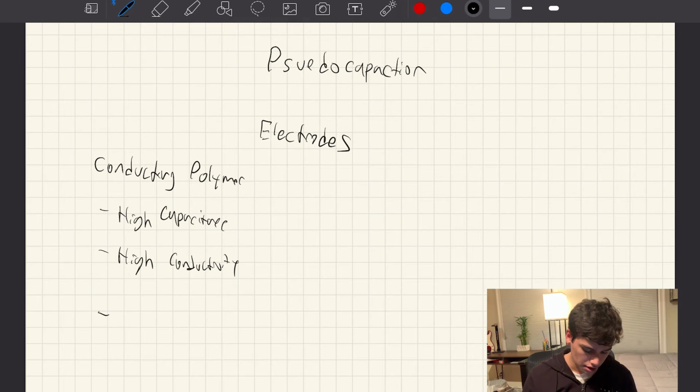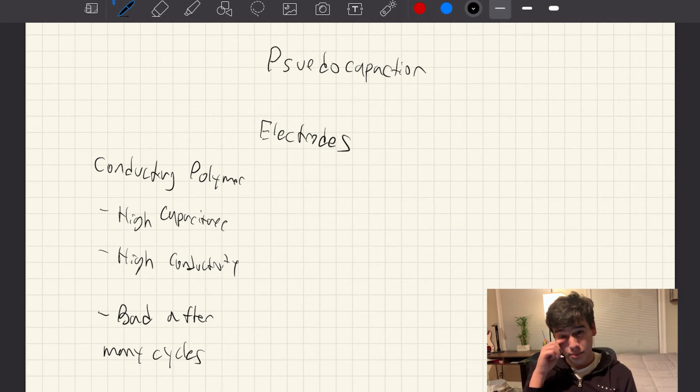Well, this is bad after many cycles. It has to do with the N-doped polymers, but you can look into that if you want to. Essentially, all you need to know is that after many cycles of using a conducting polymer electrode, it's really not going to be all that efficient anymore.